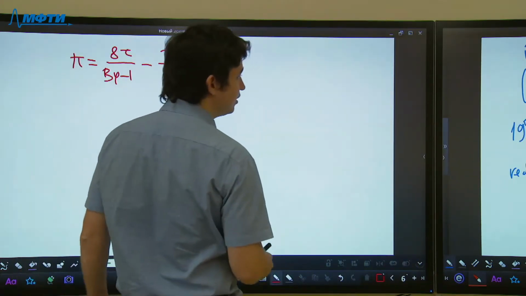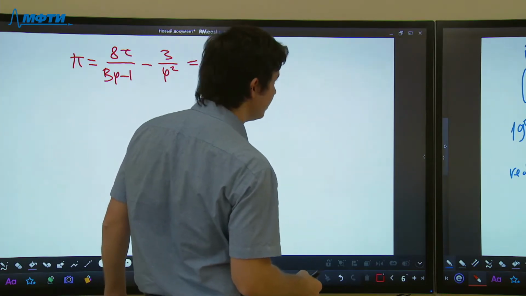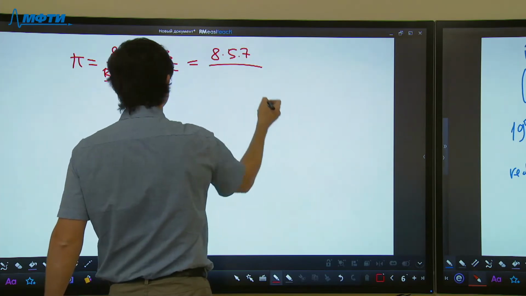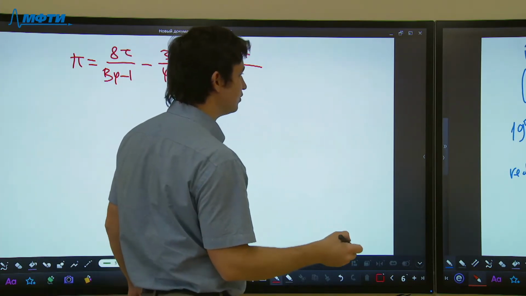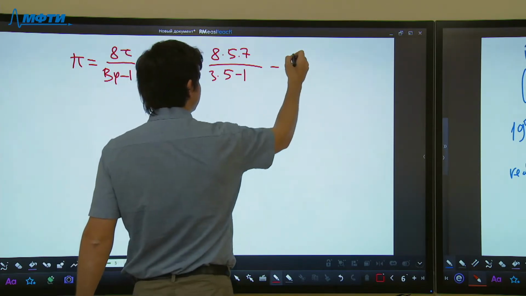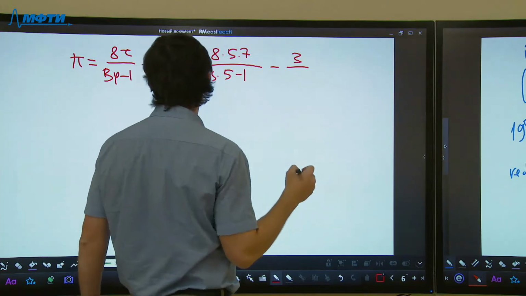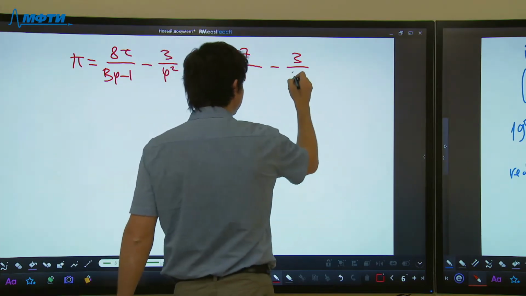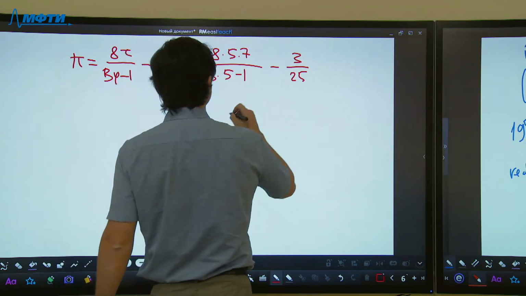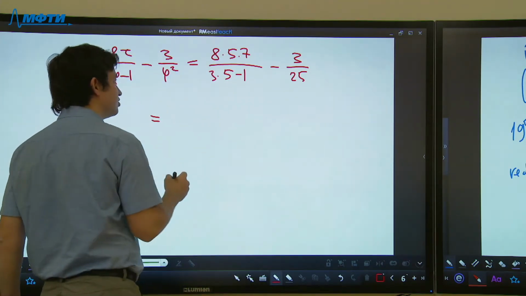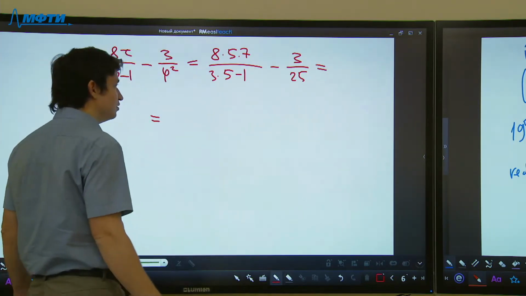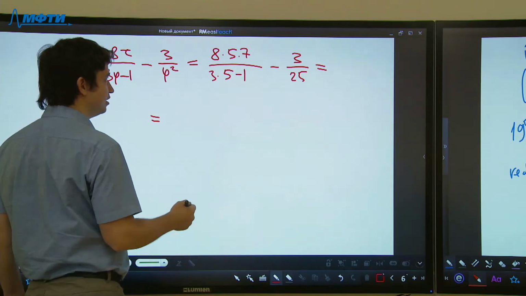So what I get here is 8 times 5.7, that's τ, divided by 3 times 5 minus 1, minus 3 over 5 squared, that is 25. That's 3 over 25. Okay, so that looks not so good, but let's nevertheless try to calculate it without using any calculators.